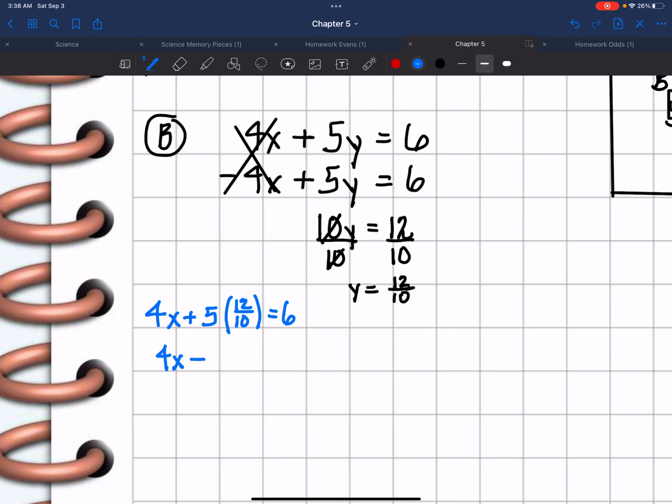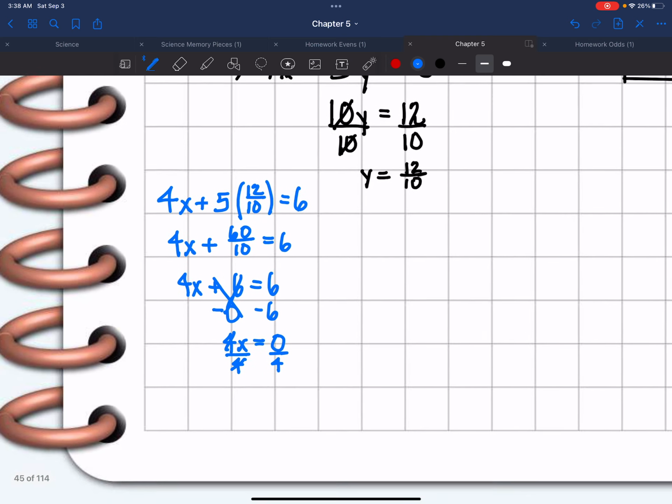So 4x plus 60 over 10 is 6. So 4x plus 6 is 6, minus 6. So 4x is 0. Divide by 4.